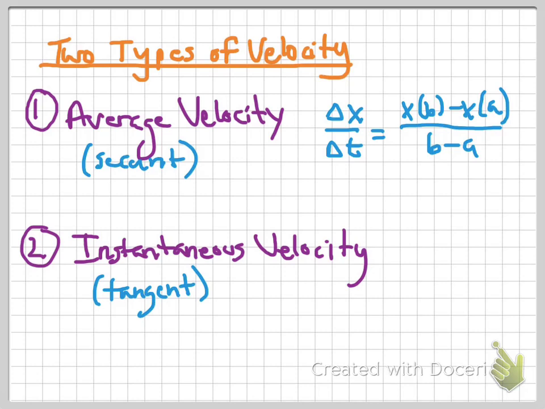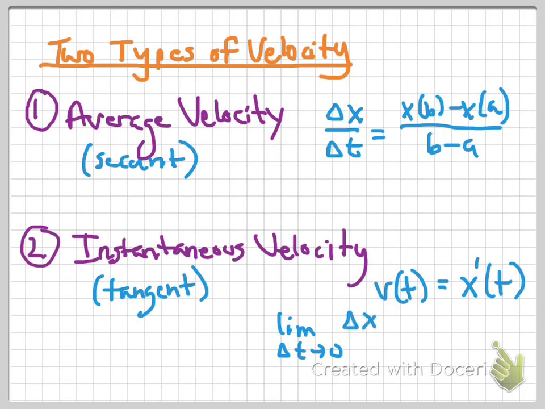And so instead of finding this average rate of change formula up here, what we're going to do is find velocity through the derivative process. We're going to derive this whole equation. So we're going to take x of t from earlier, the position equation, and we're going to derive it. Other people sometimes denote it like this. This is just another way of doing it, but it's the limit as our change in time approaches 0 for this delta x over delta t formula.